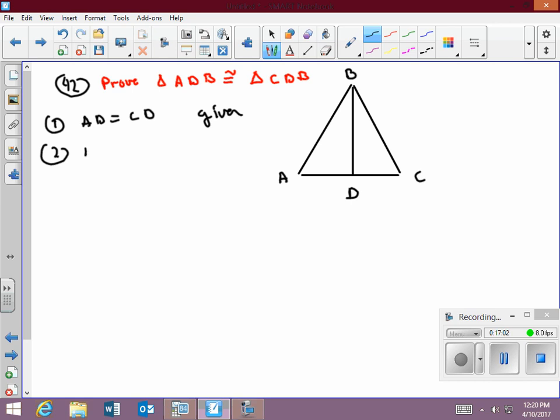Professor, why isn't there any line notation above AD and CD? It's just saying they're equal. It's just the lengths that are equal. If they were talking congruent, then there would be a line above them. Okay.